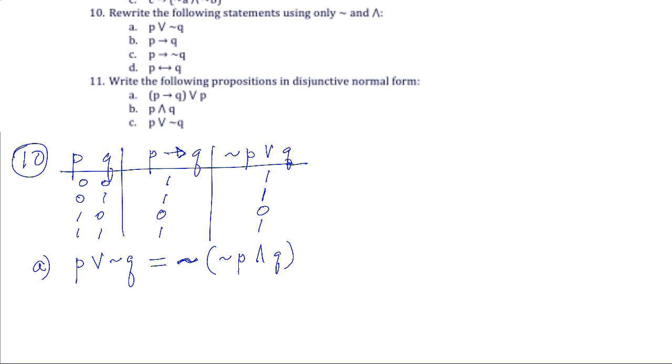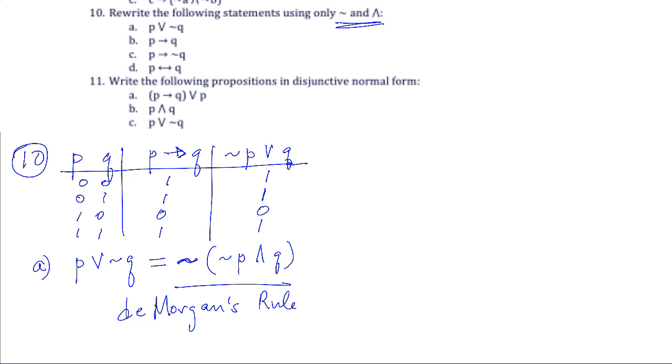And so just applying De Morgan's law answers this question, because it says rewrite it using only not and and, and that's all I've got here. So that's part A by De Morgan's rule.